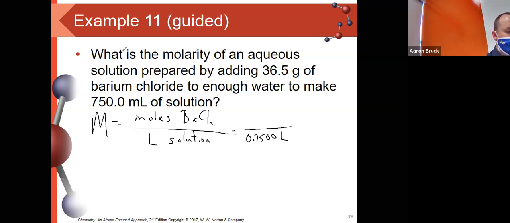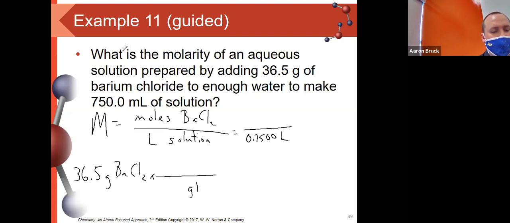And for that, we do it like we've done all along since chapter 2. We do a conversion between the grams of barium chloride and the moles of barium chloride using molar mass.